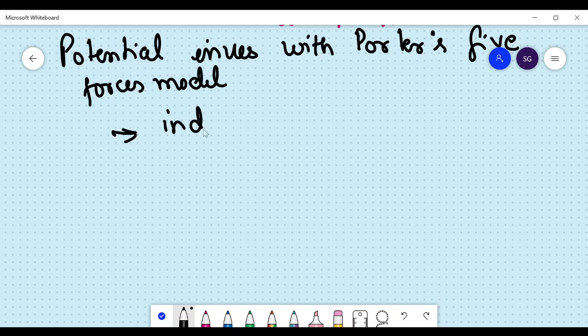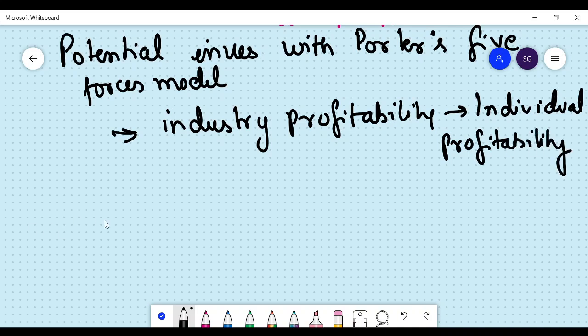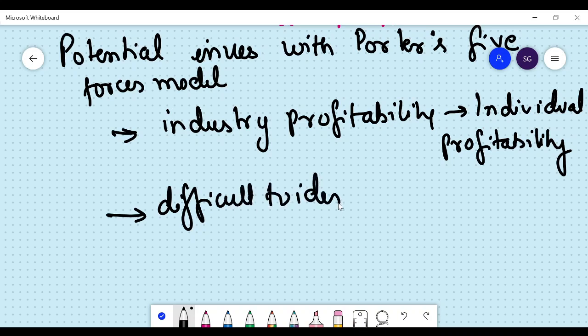It concentrates on industry profitability and not on individual profitability. Second is that it becomes sometimes difficult to identify industry, because sometimes we fall in 2 or 3 different industries. So it is difficult to identify the industry.